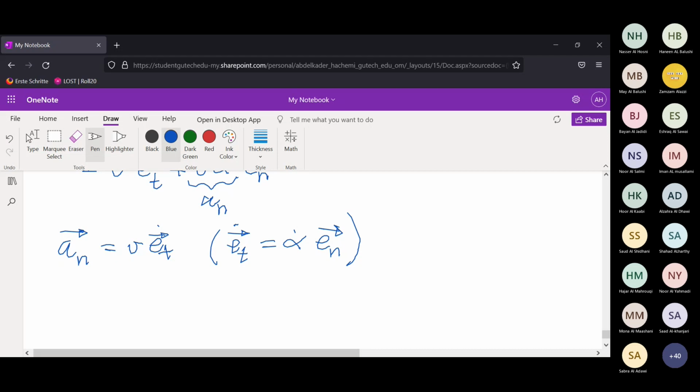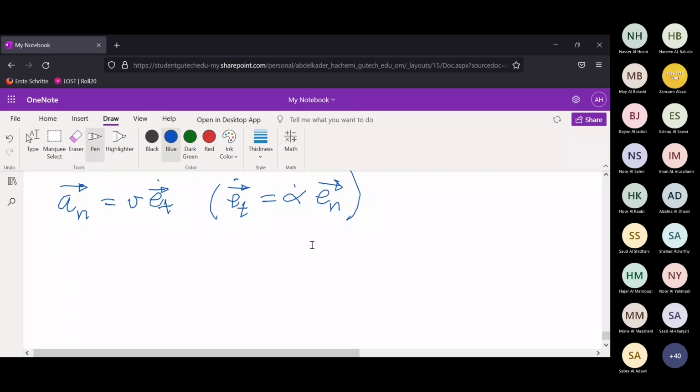It's the same principle that we are using here. And we can say that e_n as a vector is equal to the vector acceleration in the normal direction divided by the magnitude of this vector. Why?